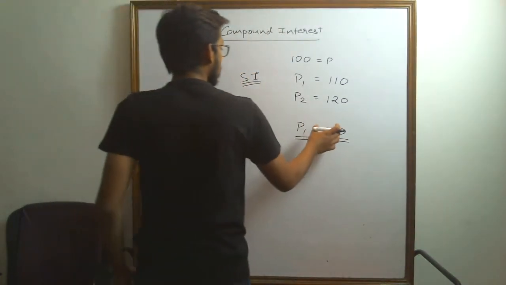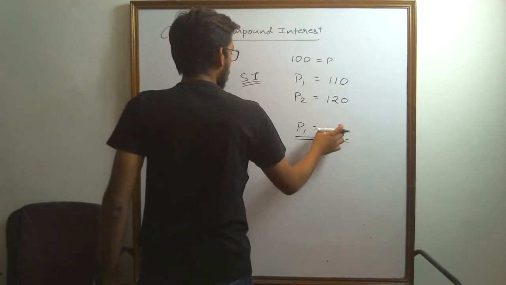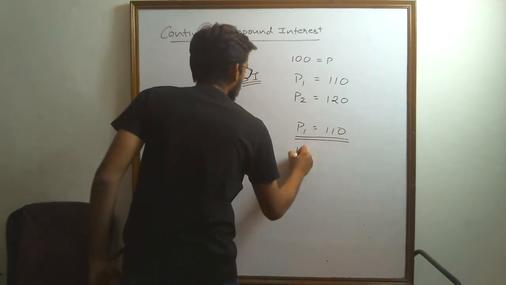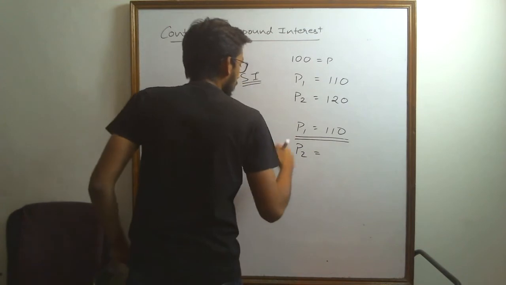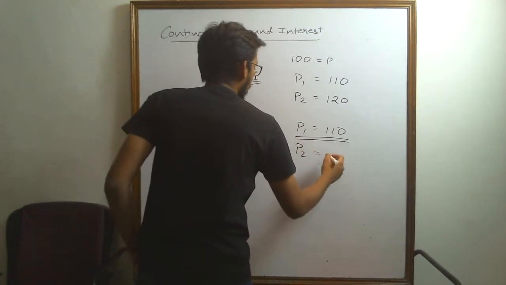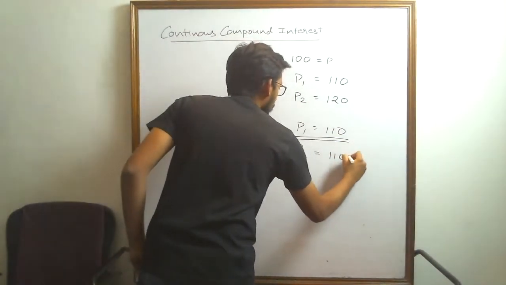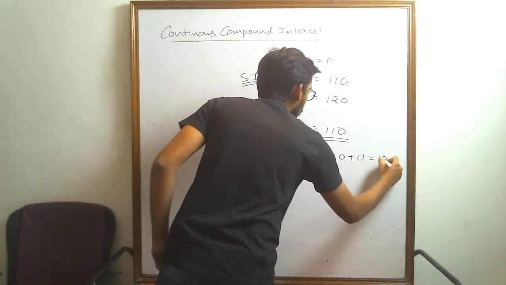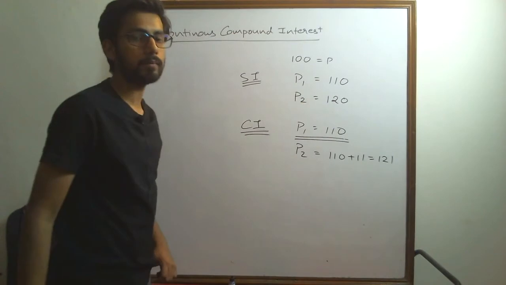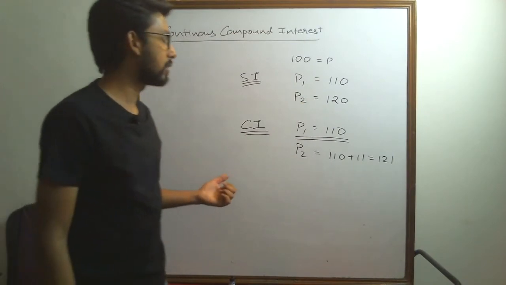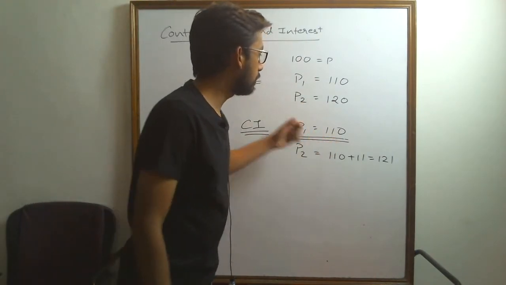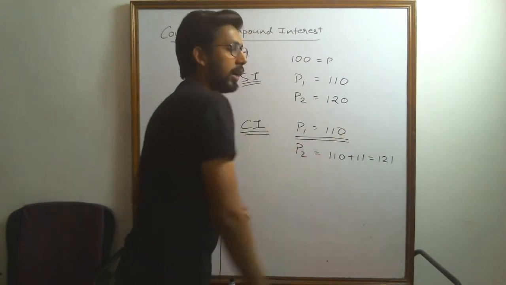So this time the interest will be paid on this amount. 10% of this is 11 rupees. That means the amount I will have in my bank after 2 years will be 110 plus 11, which is equal to 121. So in compound interest, the interest is being paid on the interest I had initially got as well.